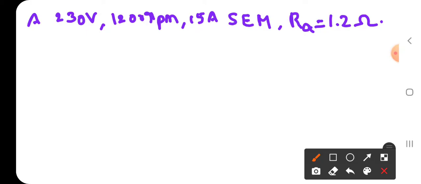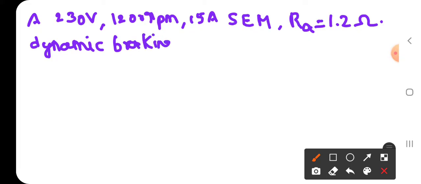The motor is operated under dynamic braking with chopper control.